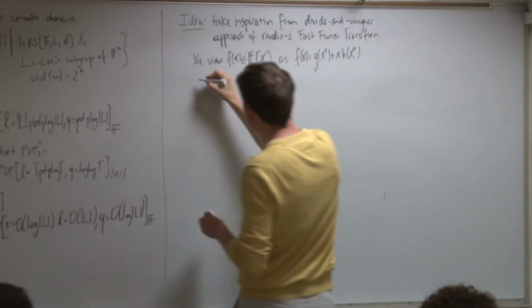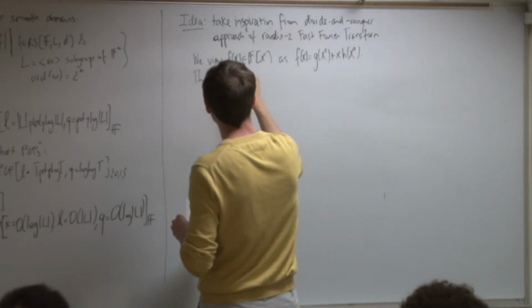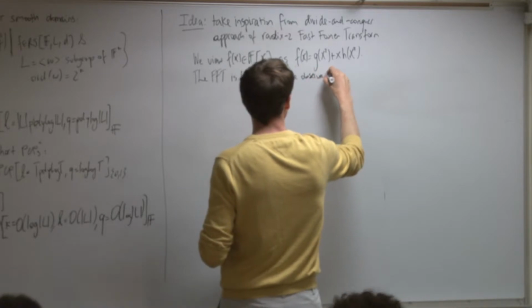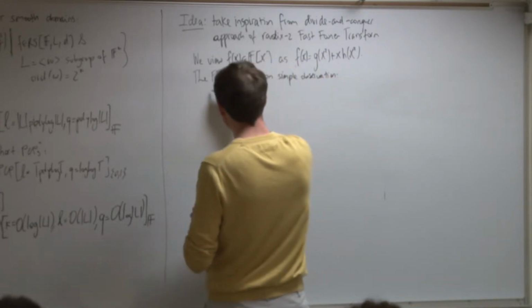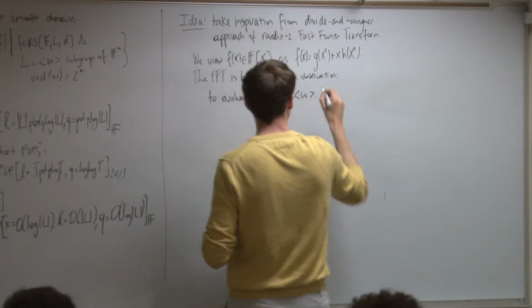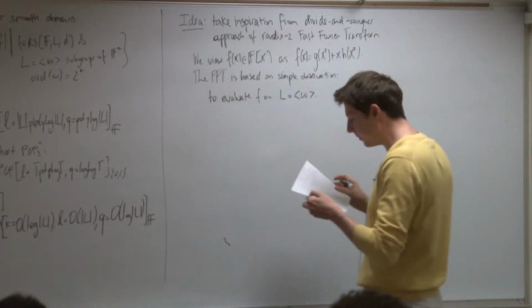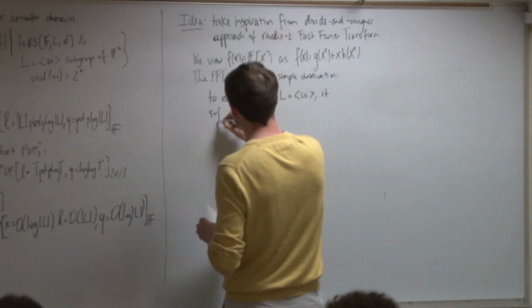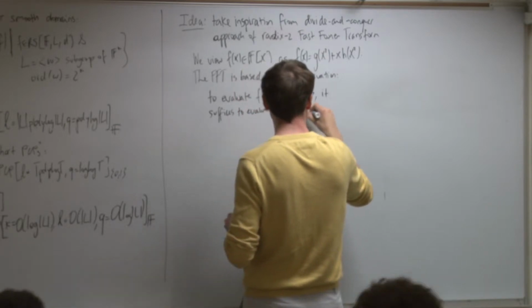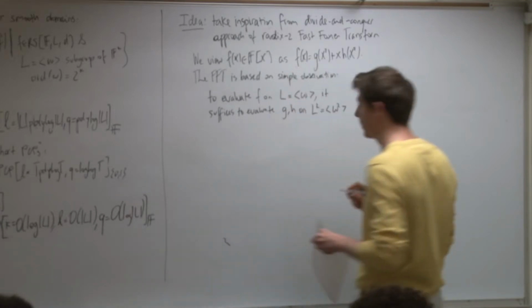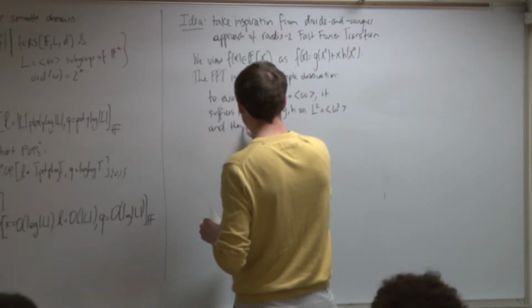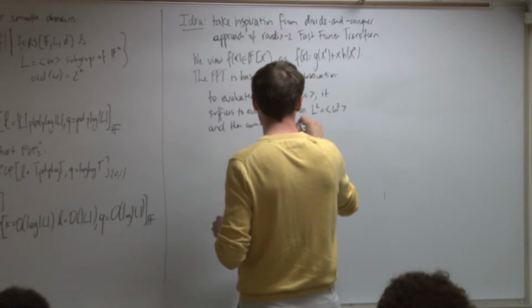And then the FFT is based on a simple observation: if I want to evaluate f on L, which is generated by omega, it suffices to evaluate g and h on L squared, which is generated by omega squared, and then combine the results.